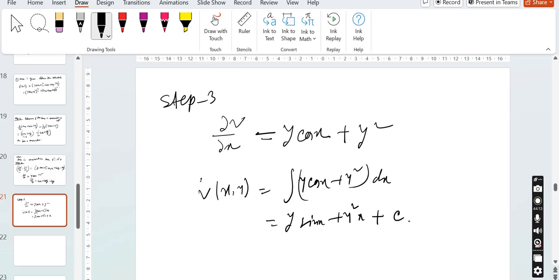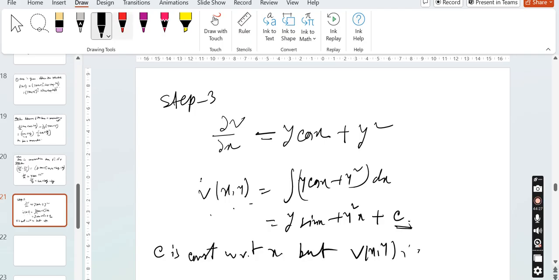Now this c is a constant with respect to x, but it's a function of y, so c is a function of y, and del c by del x is 0.